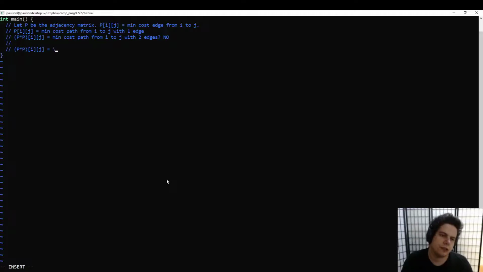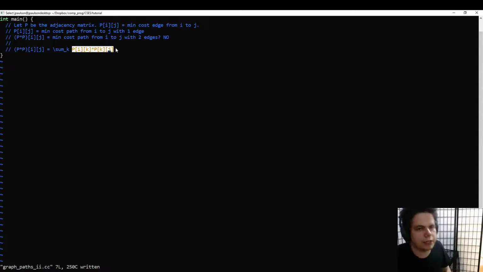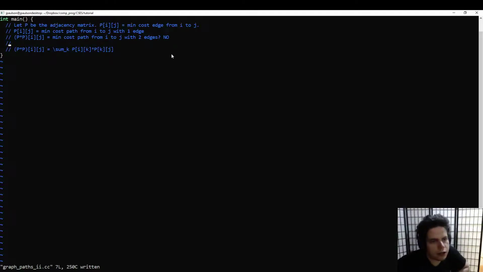P squared ij, by the definition of matrix multiplication, is the sum over the middle vertex k of P_ik times P_kj. And that's just not the right formula to find the min cost path from i to j, right? We're taking a sum and we're multiplying. This actually would be the right formula if we were taking a min and we were adding.